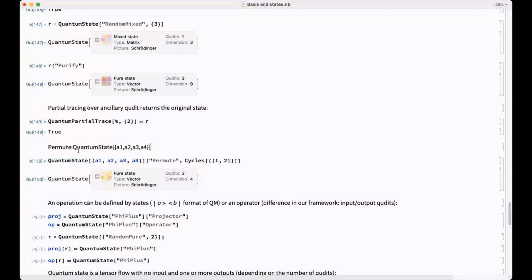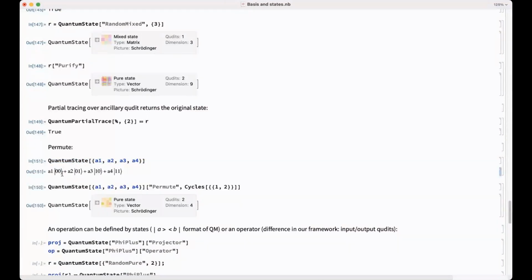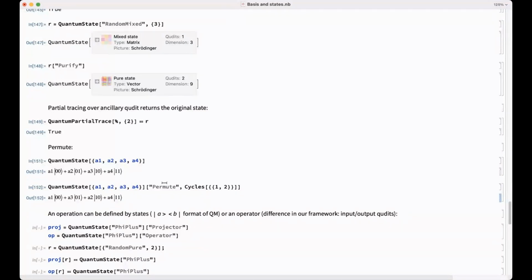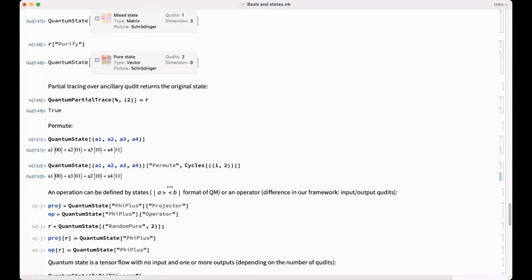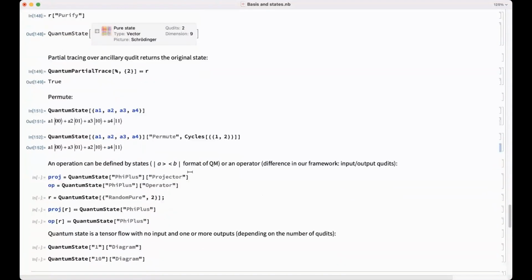For example, if you had this kind of state, with amplitudes going like this, if you permute your first and second qubit, swap them around, you should see amplitude A2 go to A3, because 0,1 and 1,0 should swap around, but everything else stays the same. Yes, this just swaps around the qubits, so it crisscrosses those amplitudes around. Okay, what else do we have?